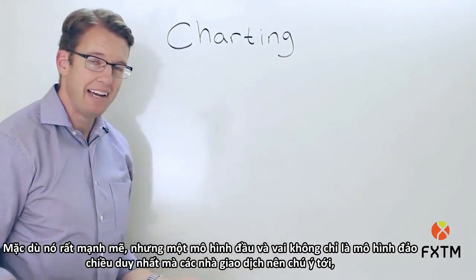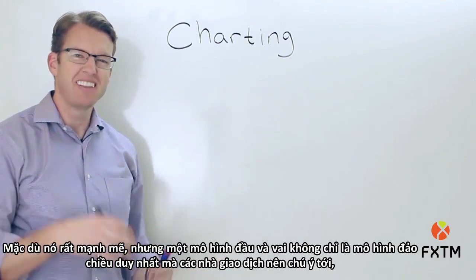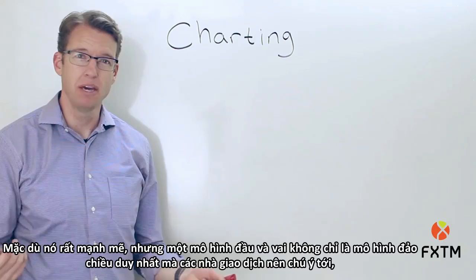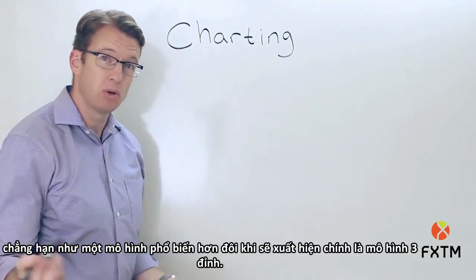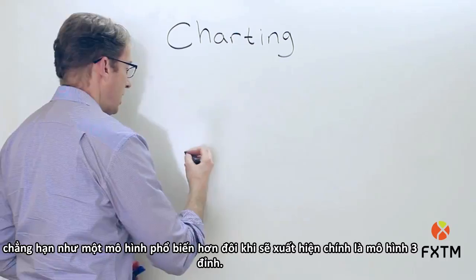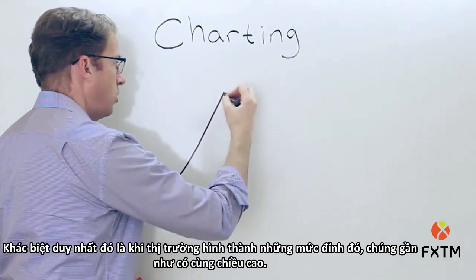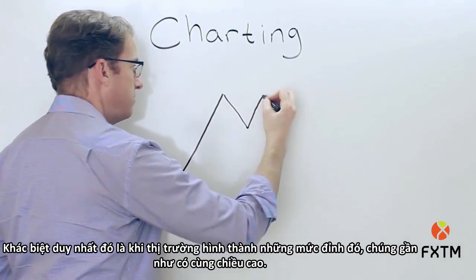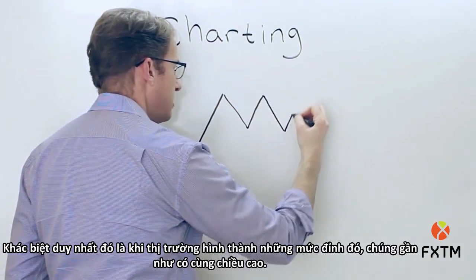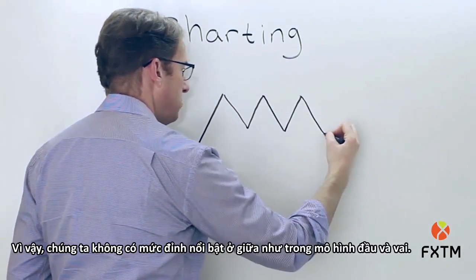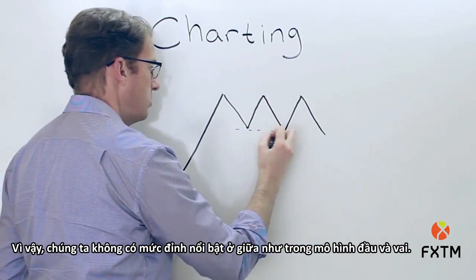Although it's very dramatic, a head and shoulders pattern is not the only reversal pattern that traders should be paying attention to. For example, a more common one that will appear from time to time is just a triple top. The only difference being that as the market forms those highs, they are roughly at the same height. So we don't have that prominent peak in the middle as we do in a head and shoulders pattern.